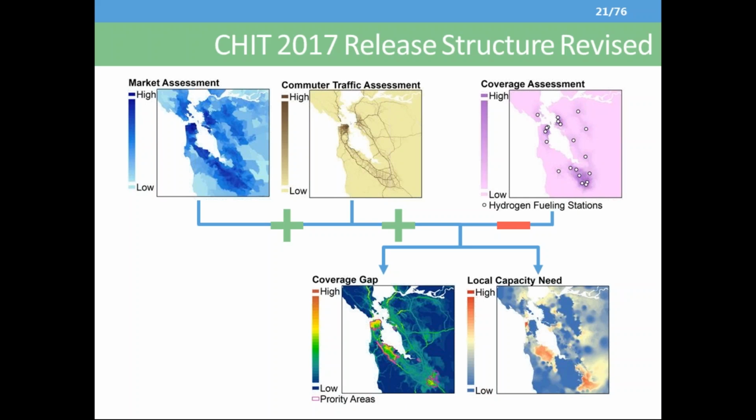So you can see that the two, market assessment and commuter traffic, are additive towards coverage gap, whereas the existing coverage is subtractive. And now, in addition to the coverage, we also have the capacity need as an available tool through CHIT. We had originally used it as an outside capability, but now we've automated it and brought it into the CHIT toolbox.